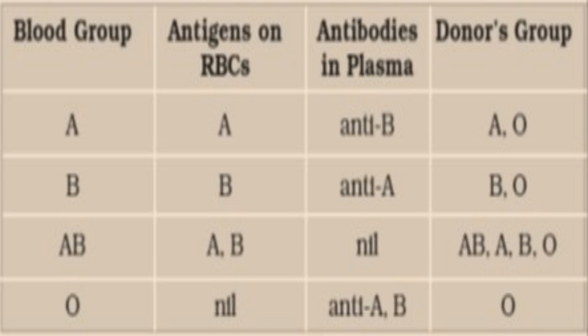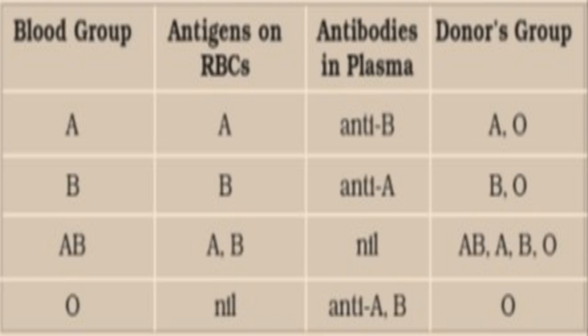Okay. Next, coming toward AB. If the blood group is AB, then the antigens present on RBC are A and B, but there are no antibodies present in plasma. You have to remember that blood group AB has no antibodies in the plasma.